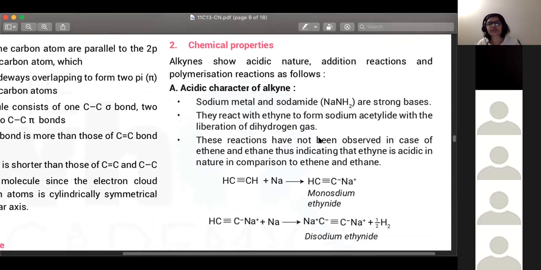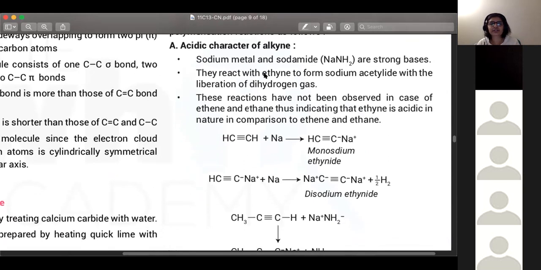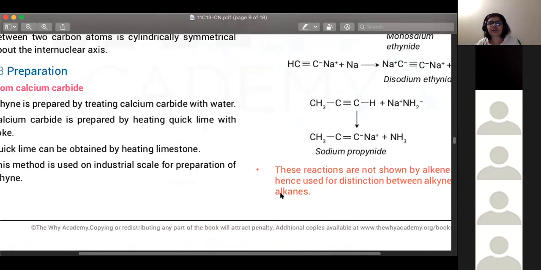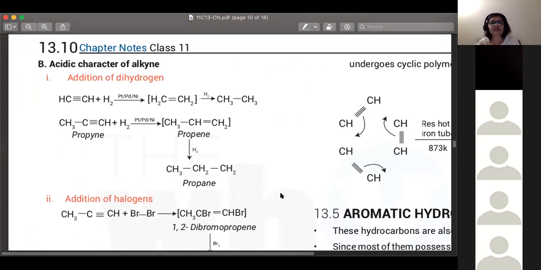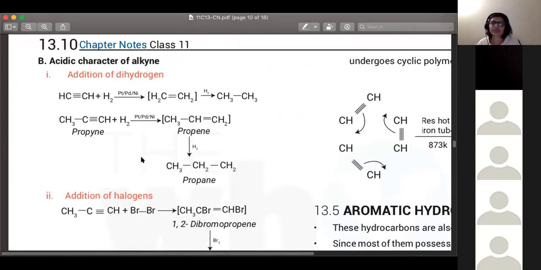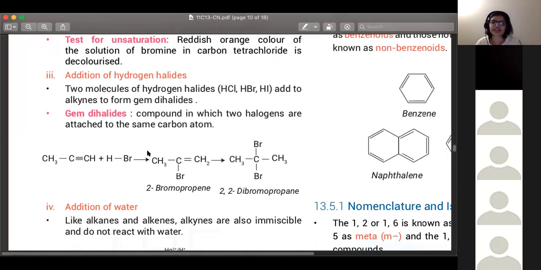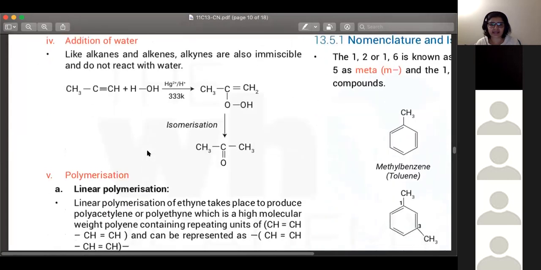So you've got a bunch of reactions where it reacts with really strong bases, and you've got addition reactions it shows because of its unsaturated nature. Triple bond hai, unsaturation, addition reactions. So addition reactions follow same rules as Markovnikov's rule, and that basically decides what's the final products you get. So that's it for alkynes.